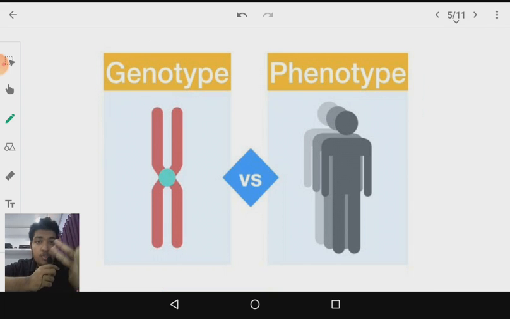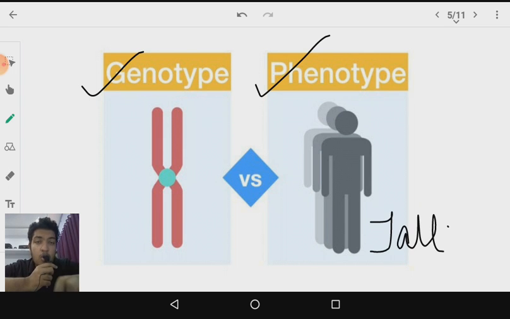Let us now talk about two important terms. One is known as genotype and another is known as phenotype. Genotype is the genetic constitution of an organism, whereas phenotype is the physical appearance of a trait. For example, if you are tall, then that tallness is known as the phenotype, whereas this tallness is due to a genetic constitution, and that genetic constitution that results in a phenotype is known as a genotype.